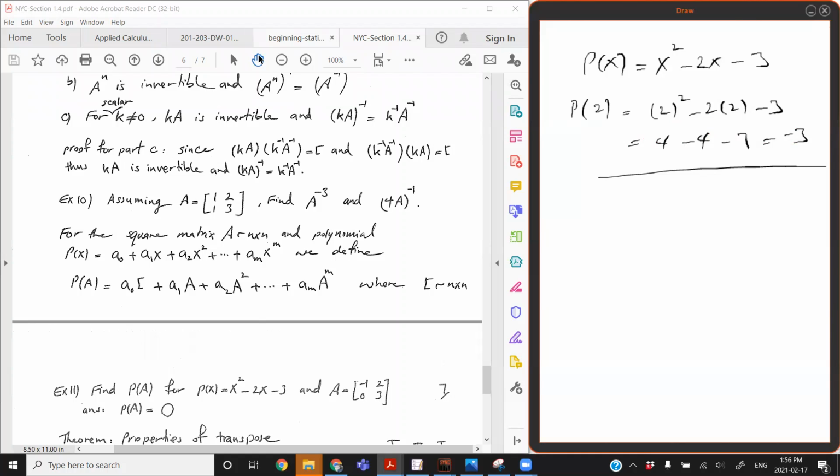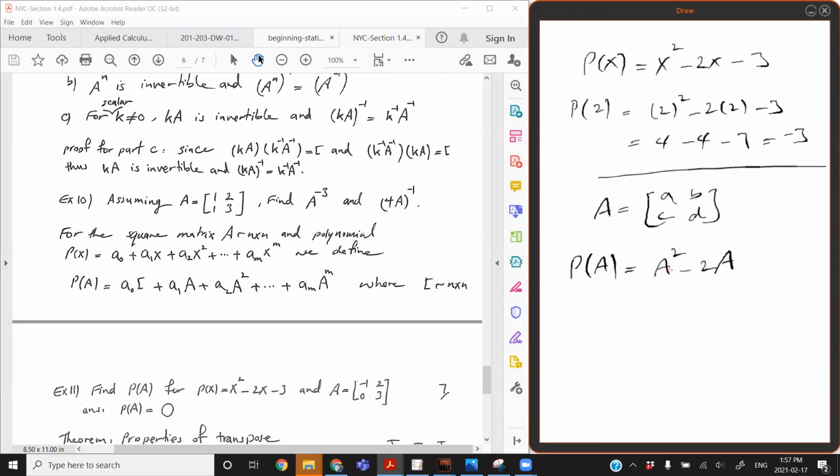However, I want to define polynomial of a matrix. So imagine A is a 2 by 2 matrix. What would P of A be? So that can be defined, and it is defined like this. I just replace X with A. So that's going to be A squared minus 2 times A. No problem so far.